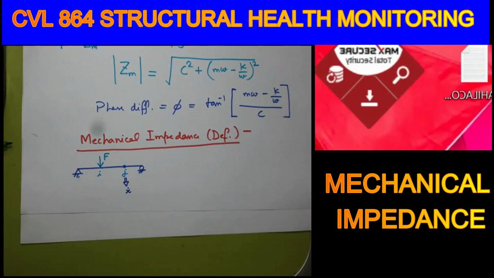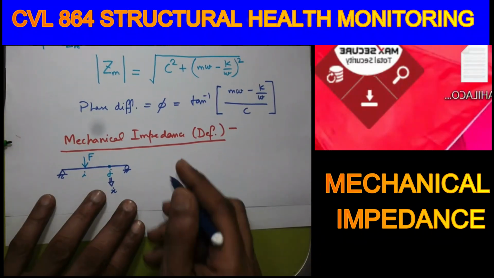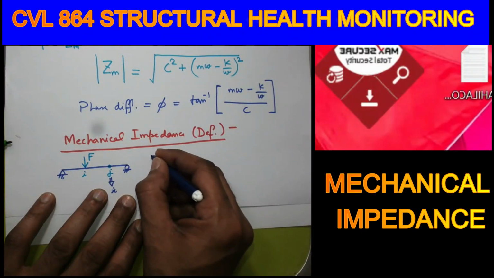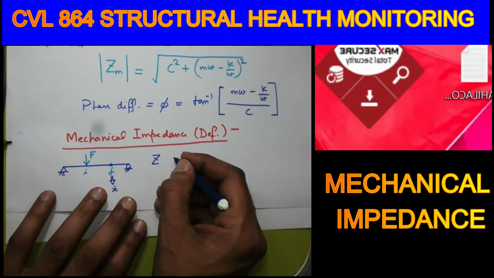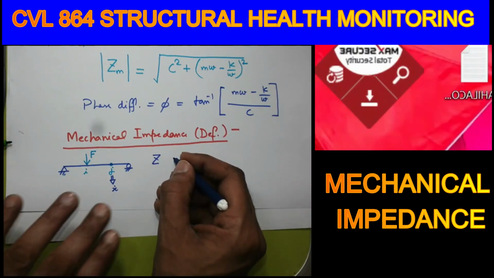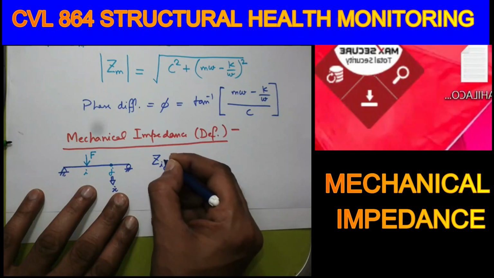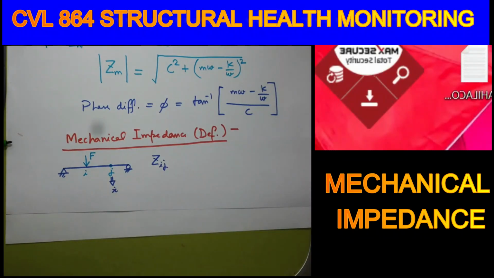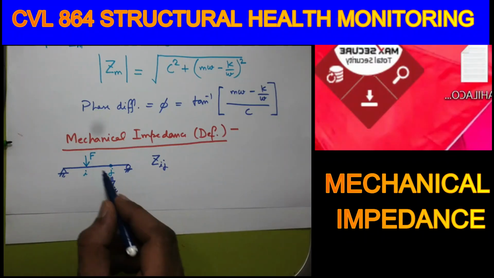So the mechanical impedance Z is now Zij. I is the point where we apply force, and J is the point where we measure the response.